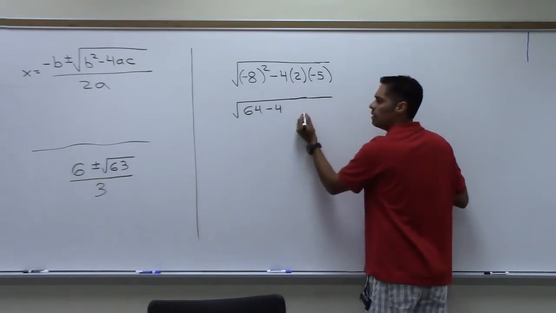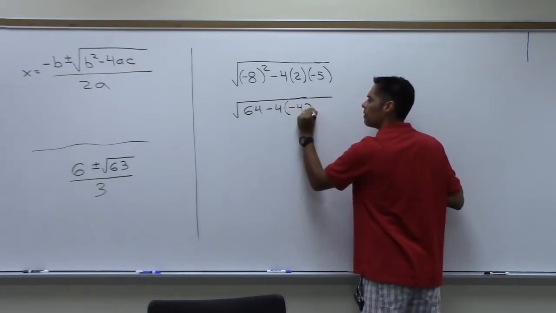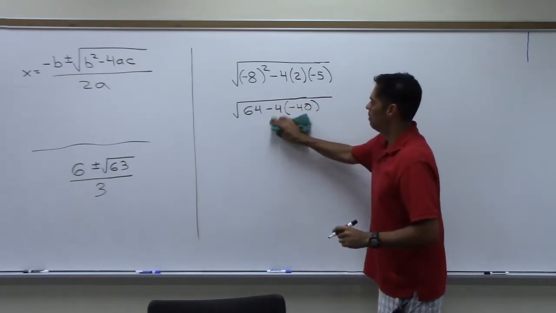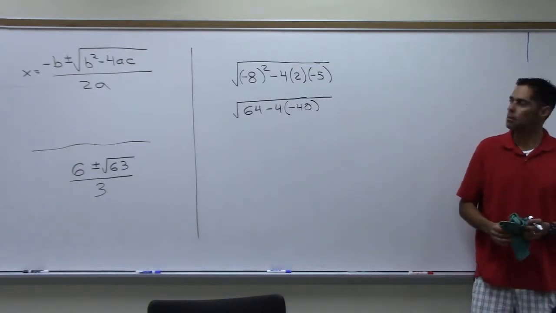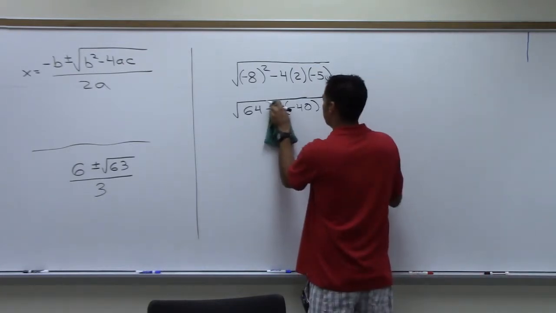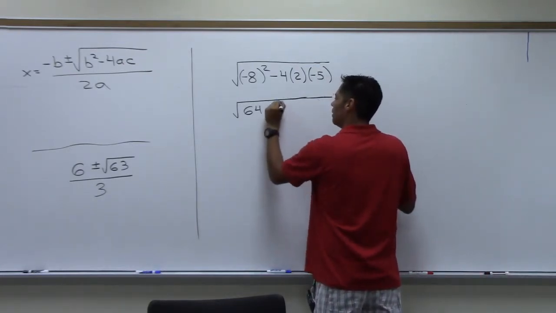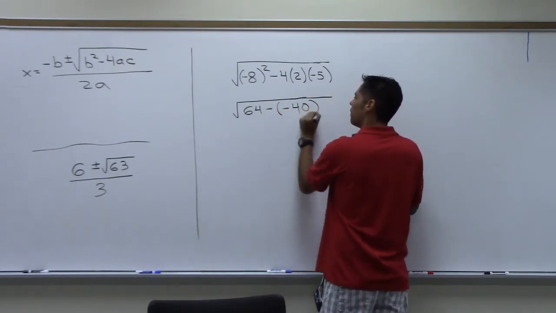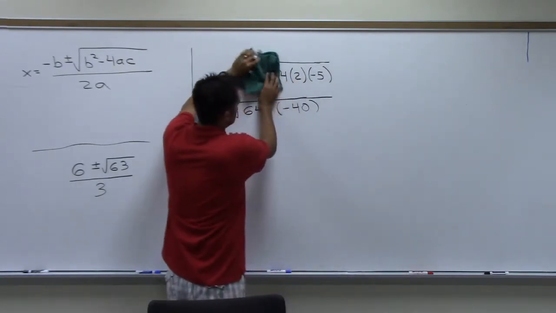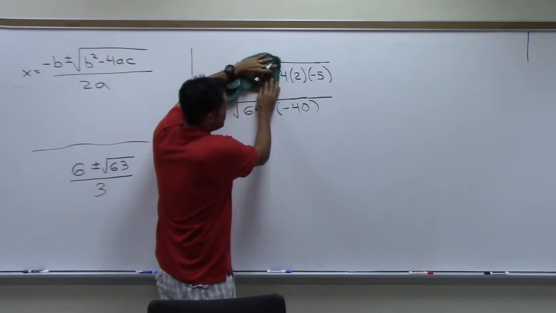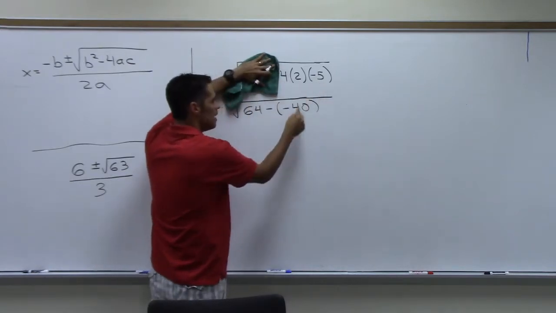What was it? Negative 40. Got that? Sorry. Negative 40. I covered up everything. Covered up the minus. I did 4 times 2 times negative 5, got negative 40, right?